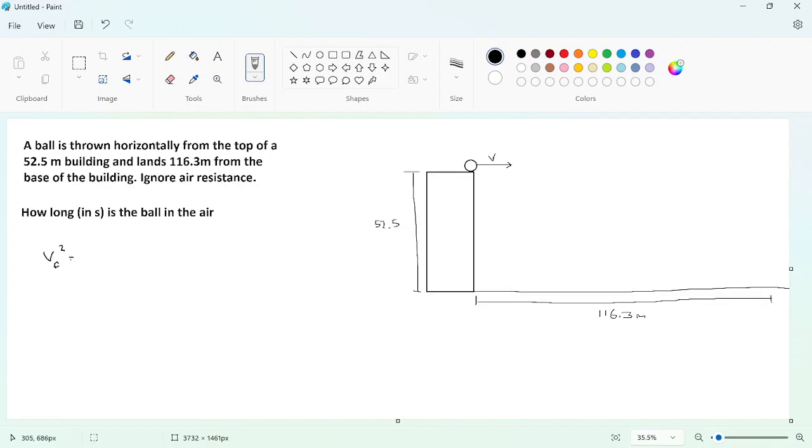Vf squared is equal to Vi squared plus 2 times acceleration times distance. Vf is equal to Vi plus acceleration times time. And d is equal to di plus, oh no, that's incorrect. d is equal to initial velocity times time plus 1/2 acceleration times time squared.